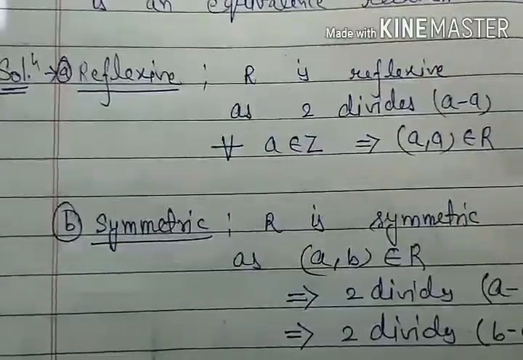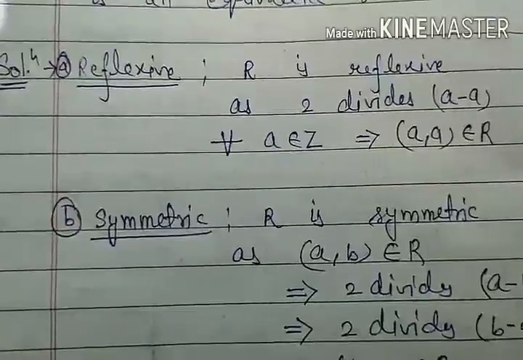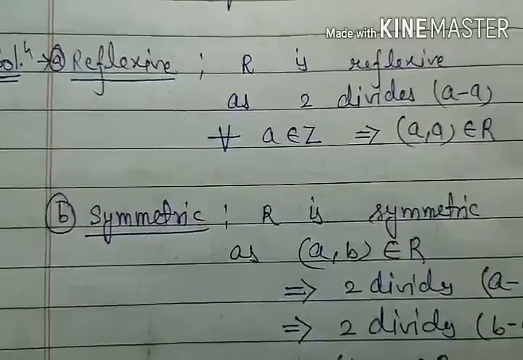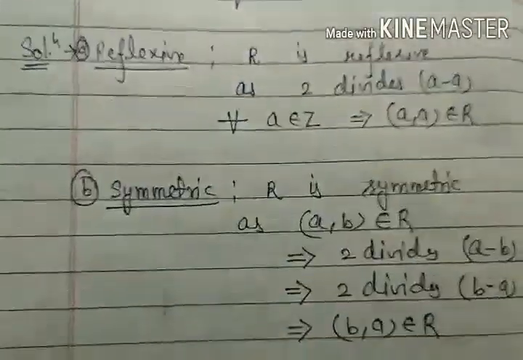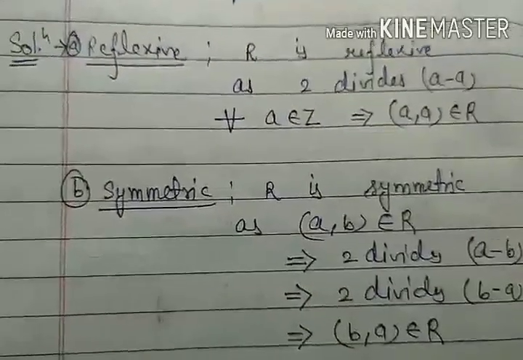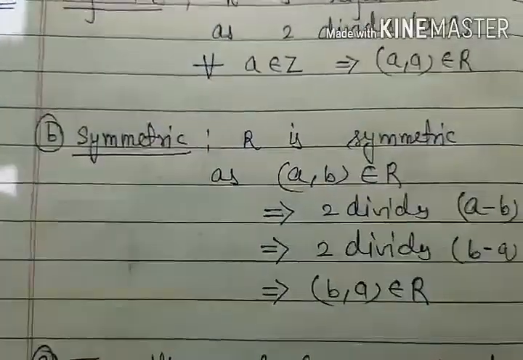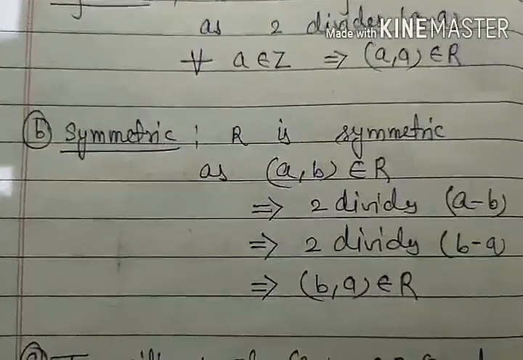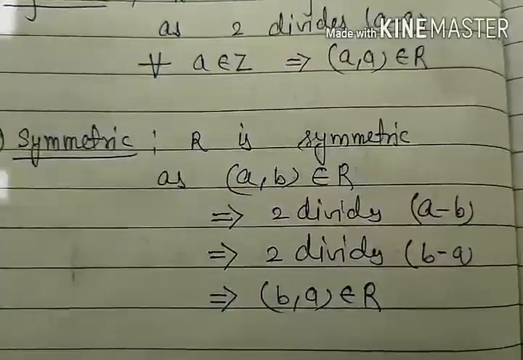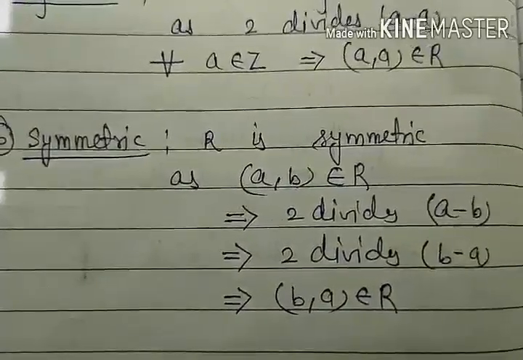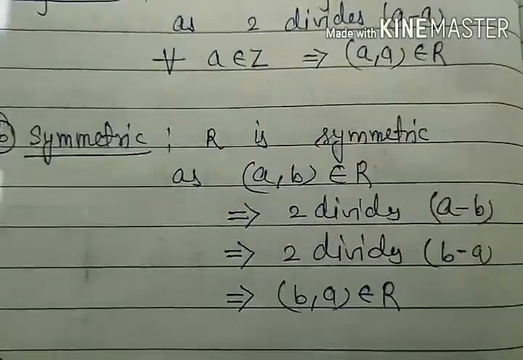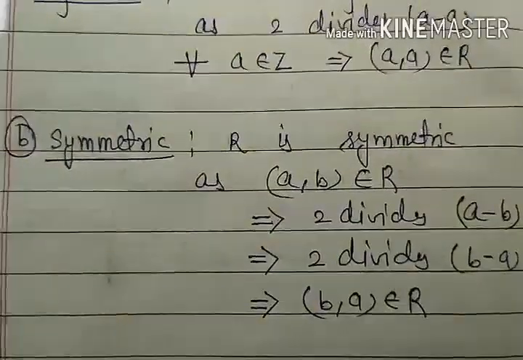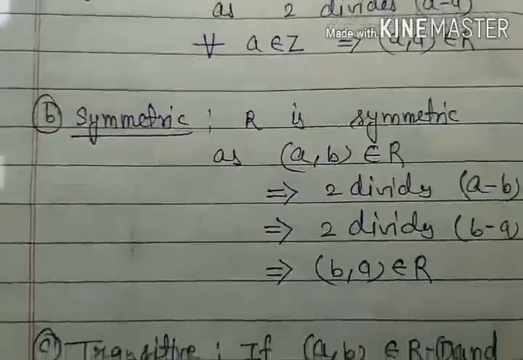For every a belonging to the integers Z, (a, a) will belong to R. Similarly, symmetric: R is symmetric as (a, b) belonging to R implies that 2 divides a − b, and 2 divides b − a, which implies that (b, a) will belong to R. So this means R is symmetric also.